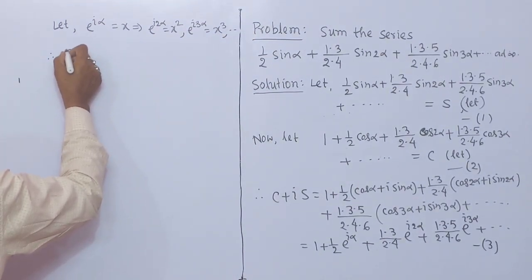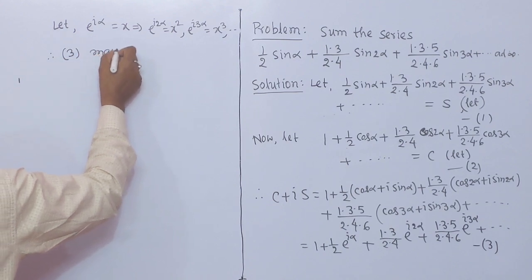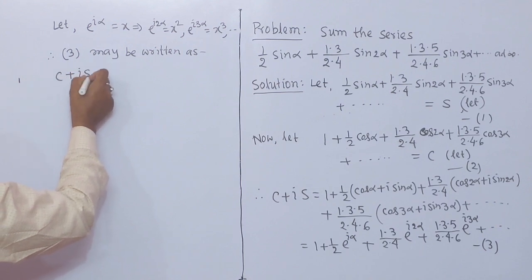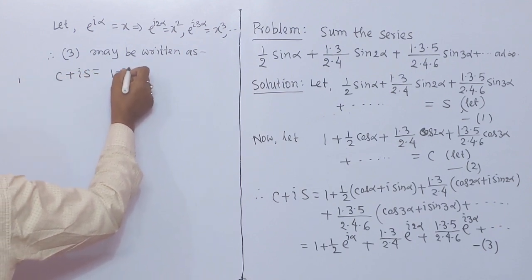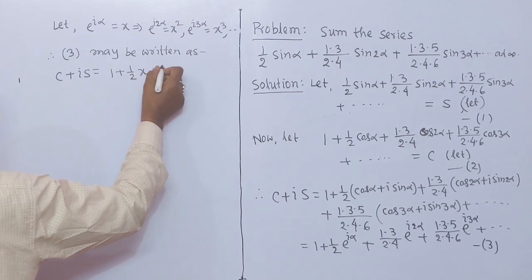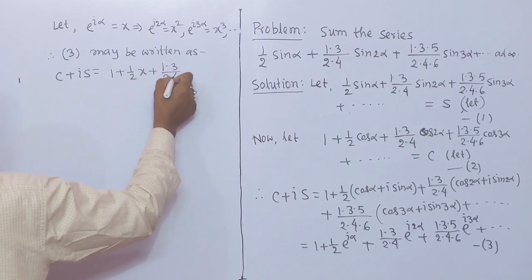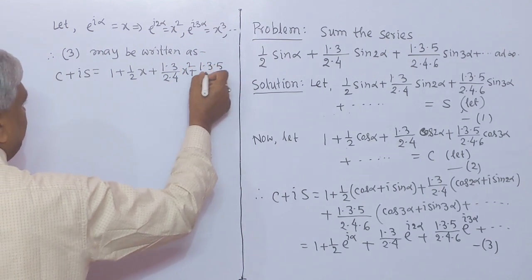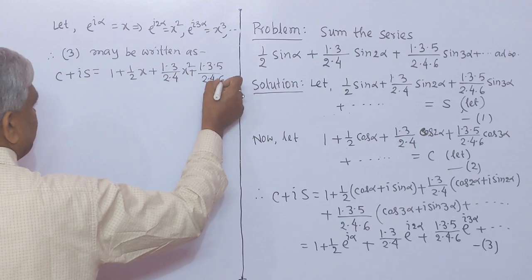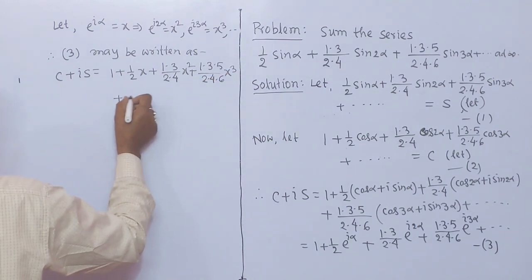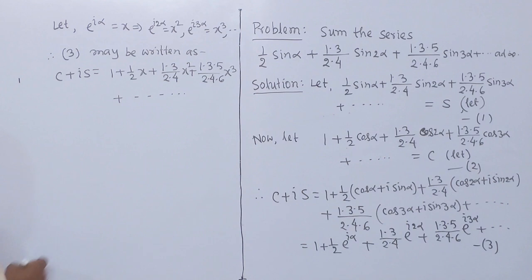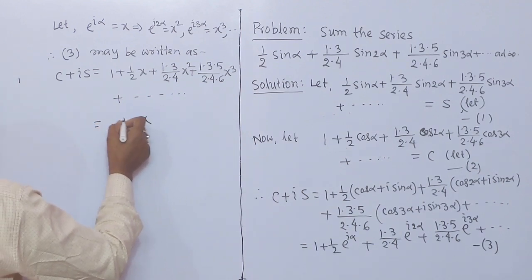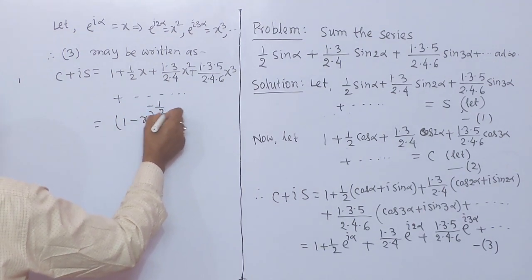Therefore, this may be written as C plus iS equal to 1 plus half x plus 1 multiply 3 by 2 multiply 4 x square plus 1 multiply 3 multiply 5 by 2 multiply 4 multiply 6 x cube plus dot dot dot, and this is equal to (1 minus x) to the power minus half.